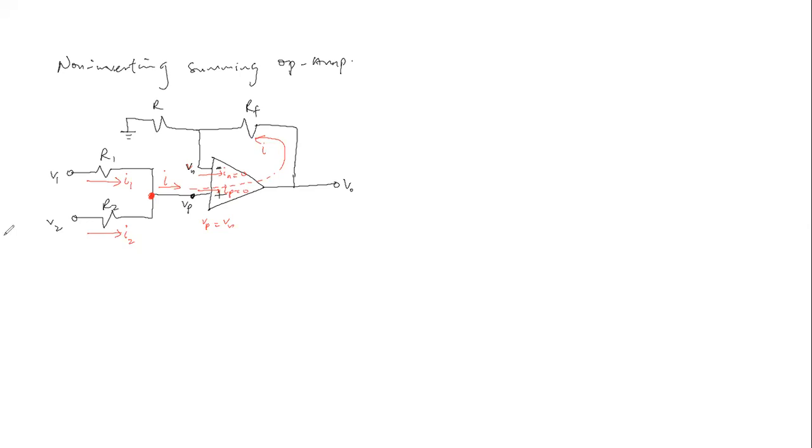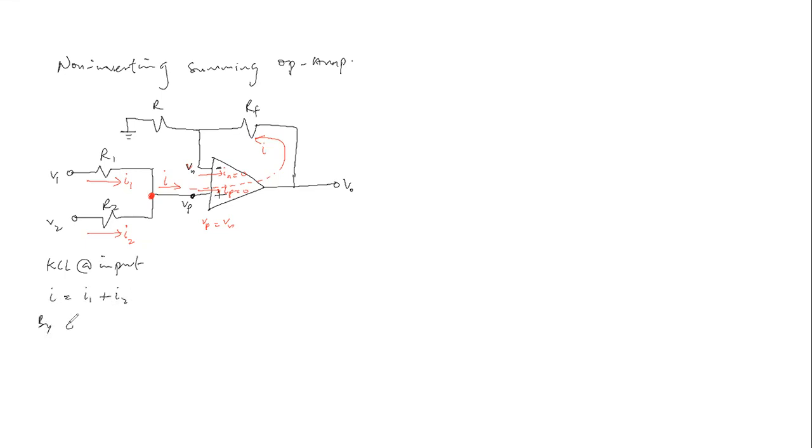So, by KCL at the input, the input current I will be the sum of I sub 1 and I sub 2, meaning the current flowing out of this node, I, is the same as the sum of the currents flowing into the node, which is I sub 1 plus I sub 2.